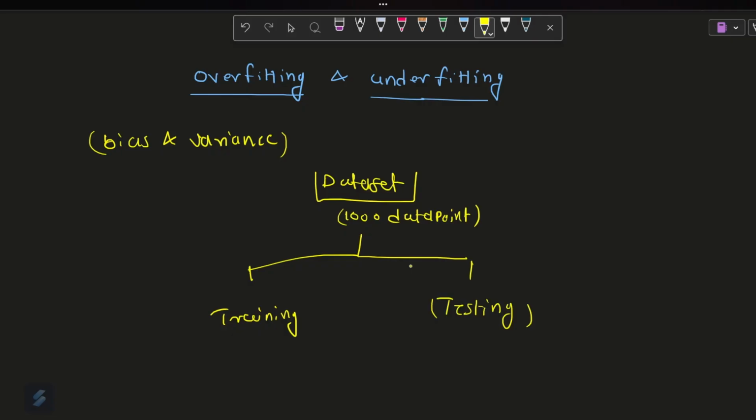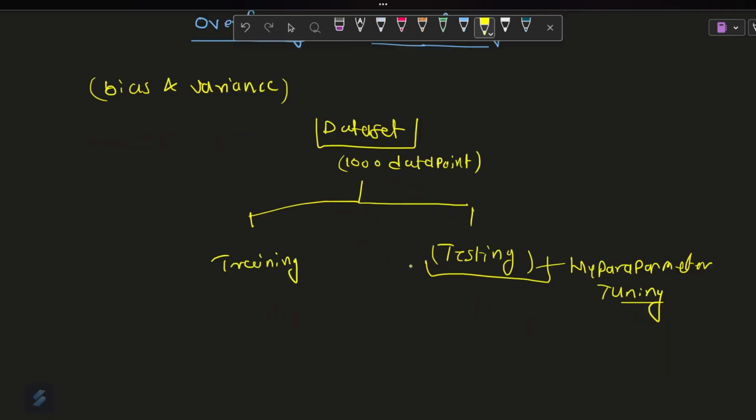In training and testing, we do many things. In that case, we do hyperparameter tuning, and the mini tasks we perform on the testing data.